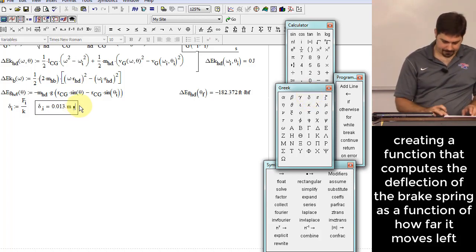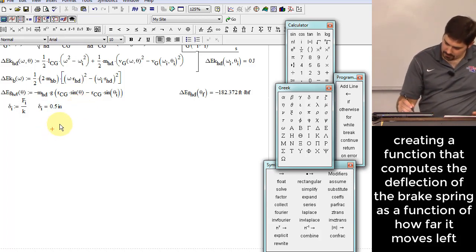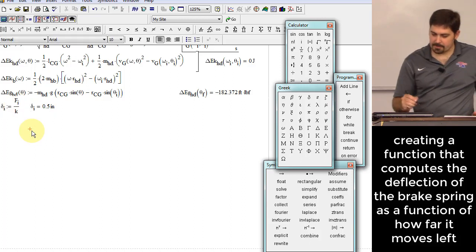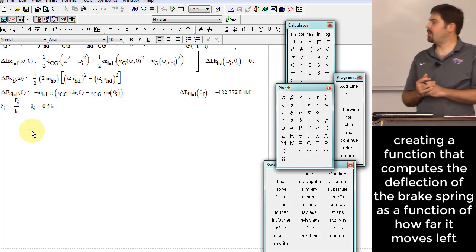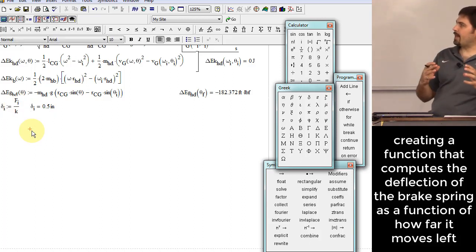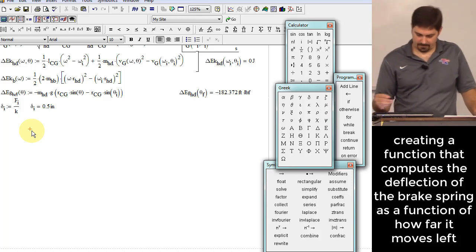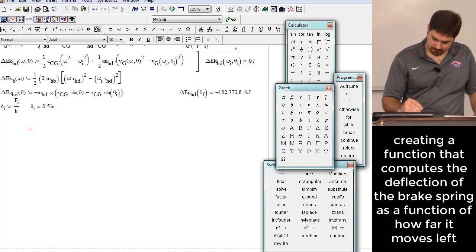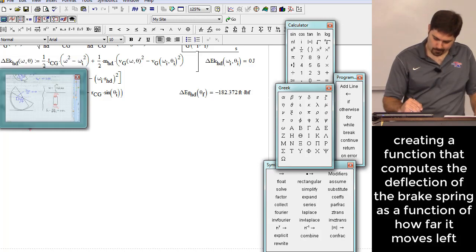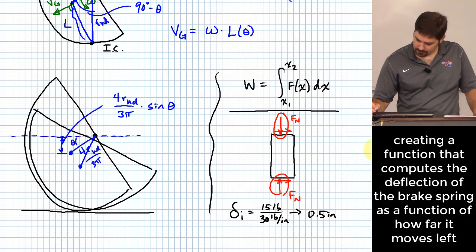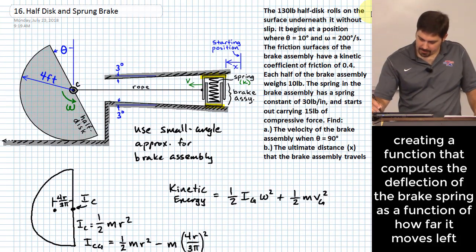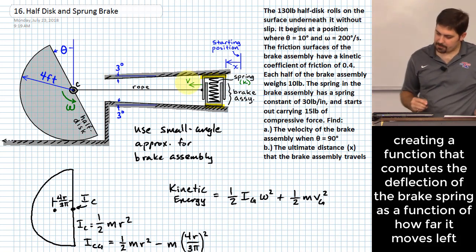All right. So far, so good. Now, how does my deflection delta I change as I move through x? Well, let's look back up here. There's this angle of 3 degrees.